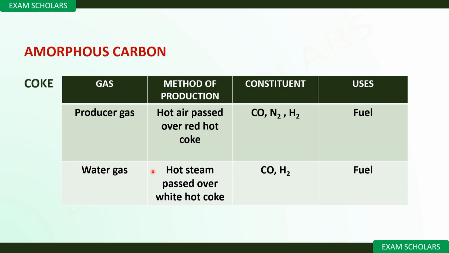Another gas that you can get is water gas. How do you get water gas? When you pass hot steam over white hot coke. When you heat up coke to the point at which it is white hot and hot steam is passed over it, you are going to get a gas known as water gas. The constituents of water gas are carbon monoxide and hydrogen, with little or no nitrogen.